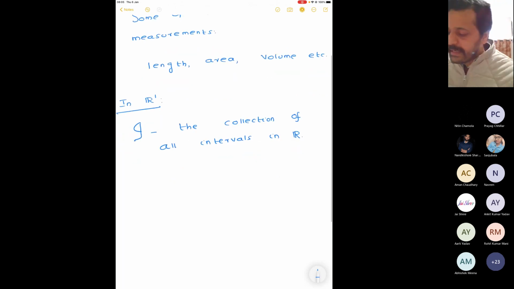So you can say L is a function from script I to, let us say, R.